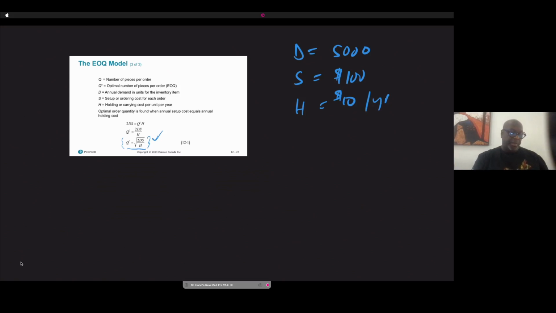And then what is our optimum order quantity? So Q star will just be equal to the square root of 2 times 5,000 times S, 100, over 10.